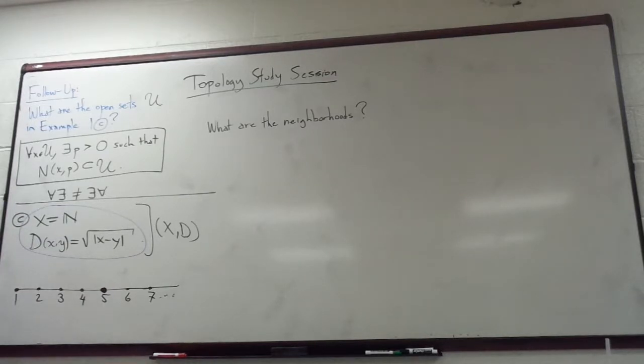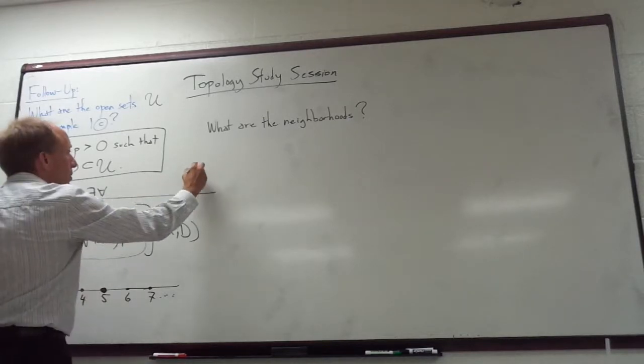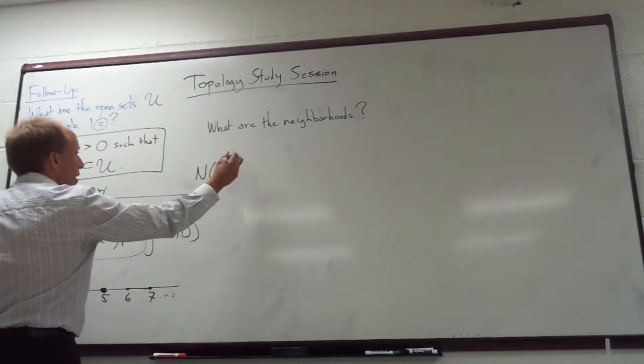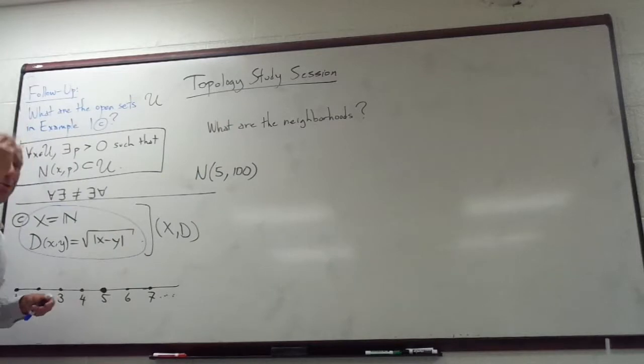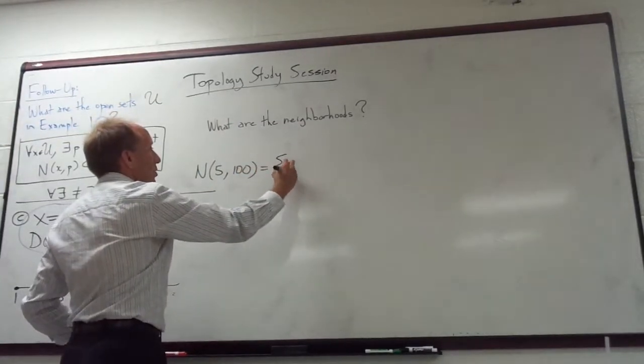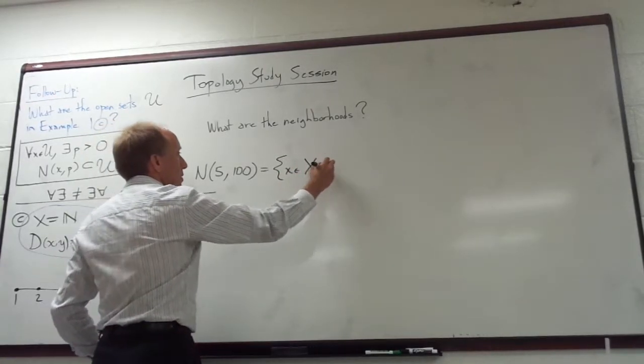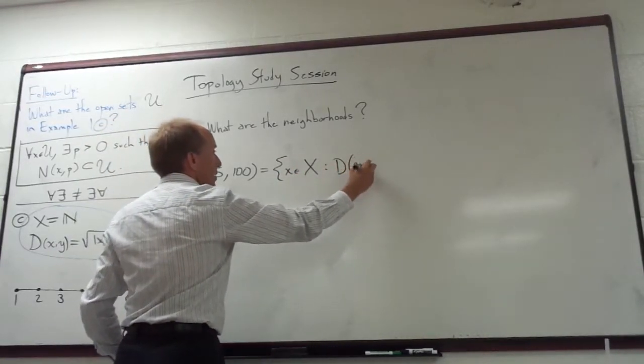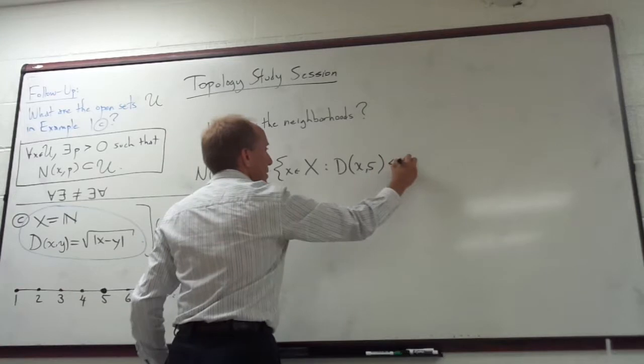So, we could try an example. We could say, what's the neighborhood around 5 of radius 100, for example? By definition, this is going to be the set of all little x in X such that the distance from x to 5 is less than 100.